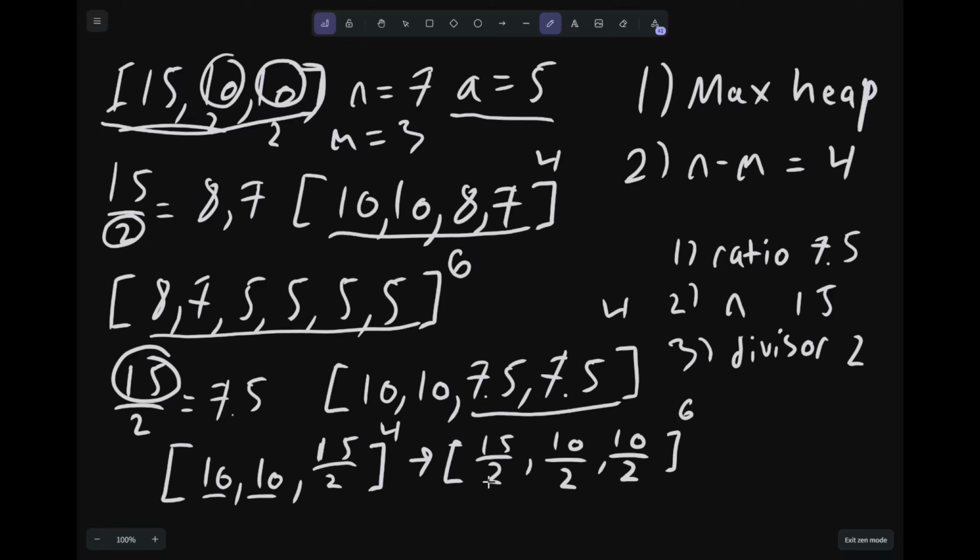And now this is 7.5. 15/2 is 7.5, which is bigger than 5. So we just simply divide this one more time, and then we're going to end up with an array that is just a bunch of 5s, because 15 divided by 3 is 5.